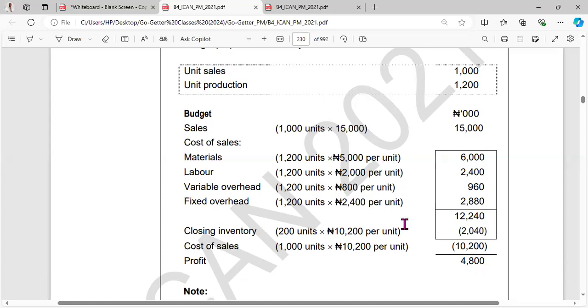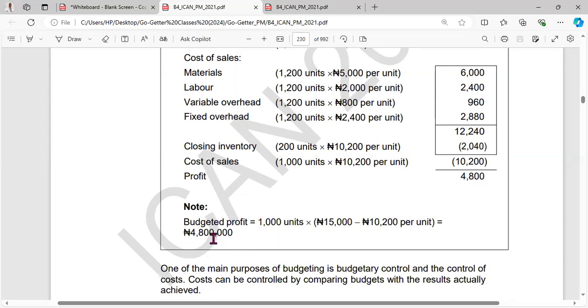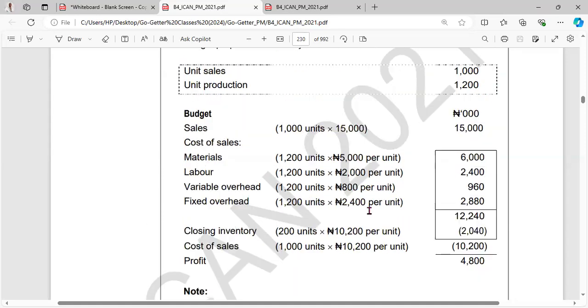Now, where did this 10,200 come from? Okay, now this is what we are going to do now. This is where it came from. Now, can you see this 12,240?